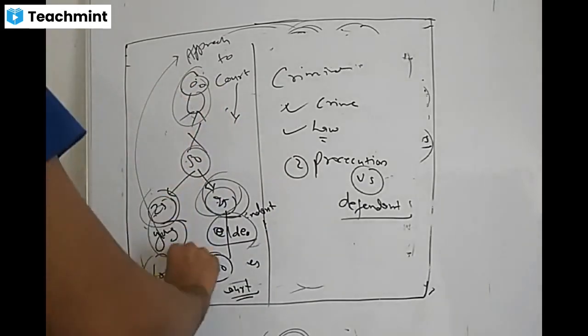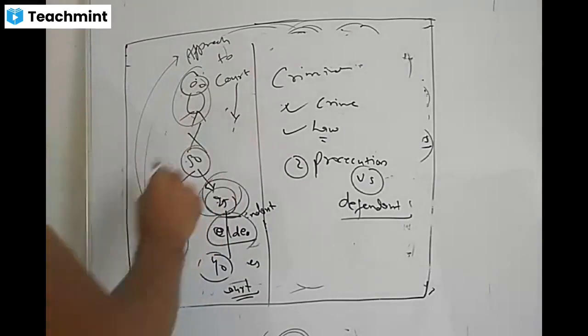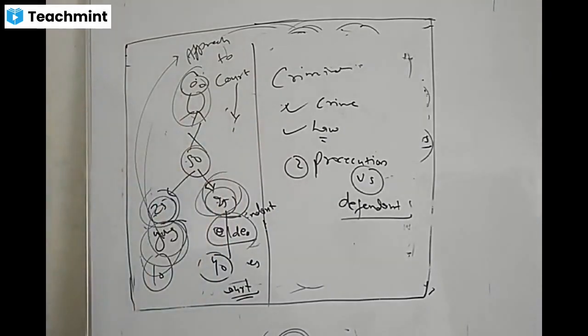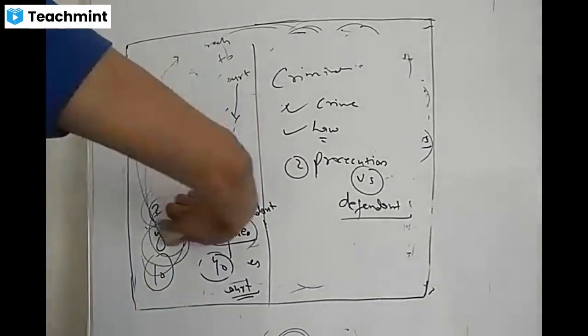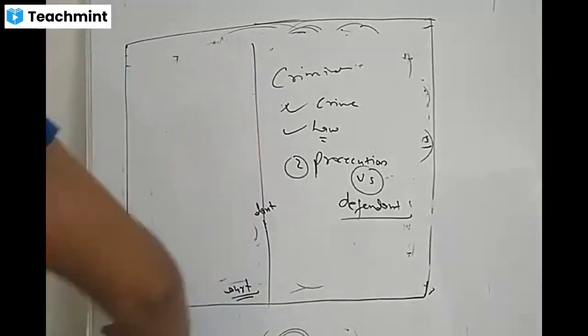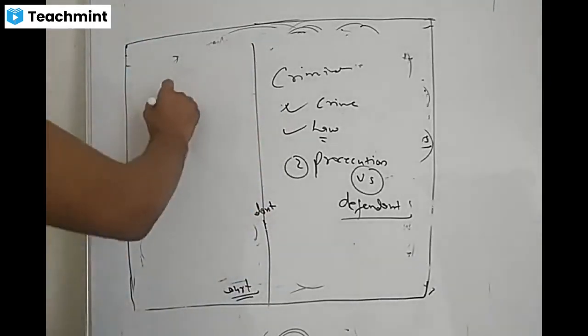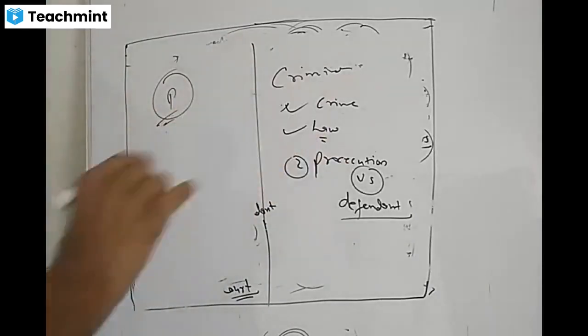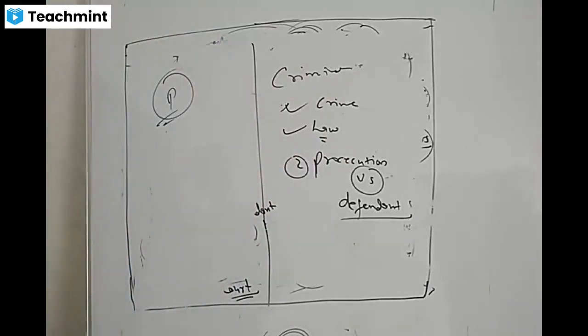So the younger one, who is approaching the court, will be called plaintiff, and the other will be defendant. So this plaintiff is your younger brother who approaches the court for the right of property.